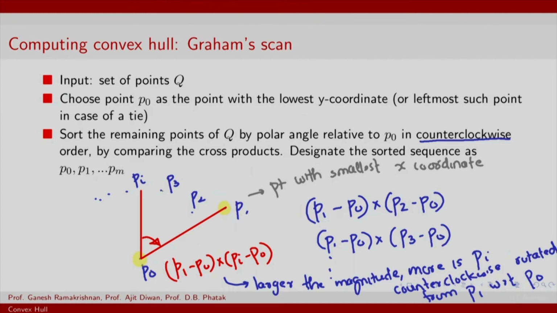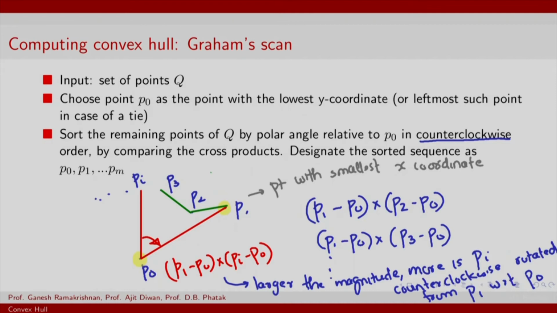So we look at the angle subtended at P2 from P3 and from P1. What we find here is that with respect to P2, P3 is counterclockwise from P1.